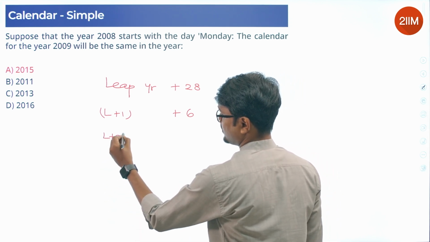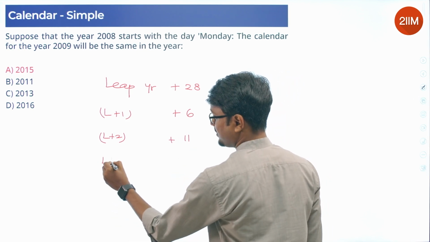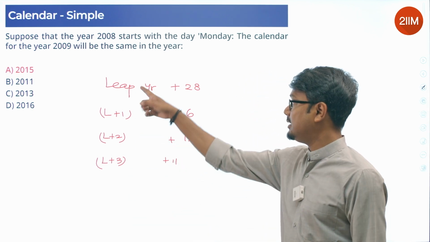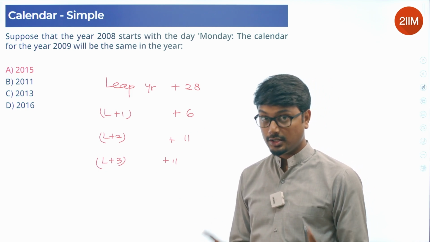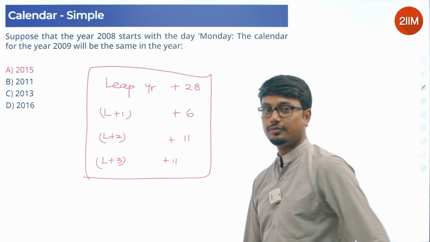Leap year plus 2 plus 11, likewise leap year plus 3 plus 11, leap year plus 4 will again be a leap year. So this idea will work out for non-century years, remember that.